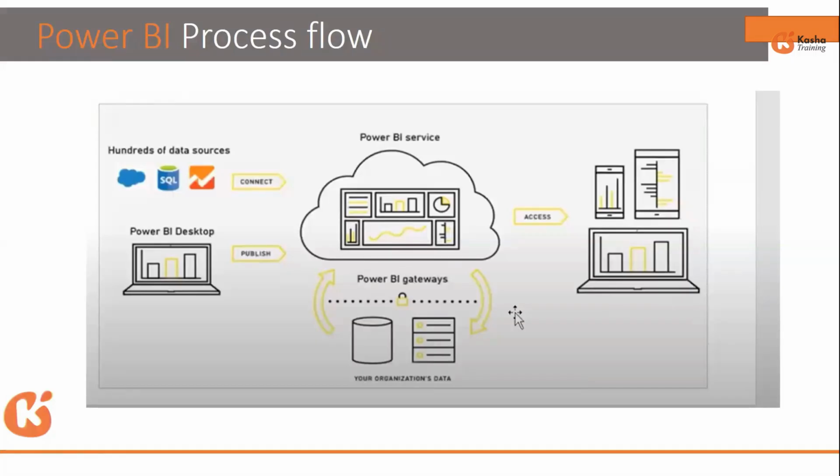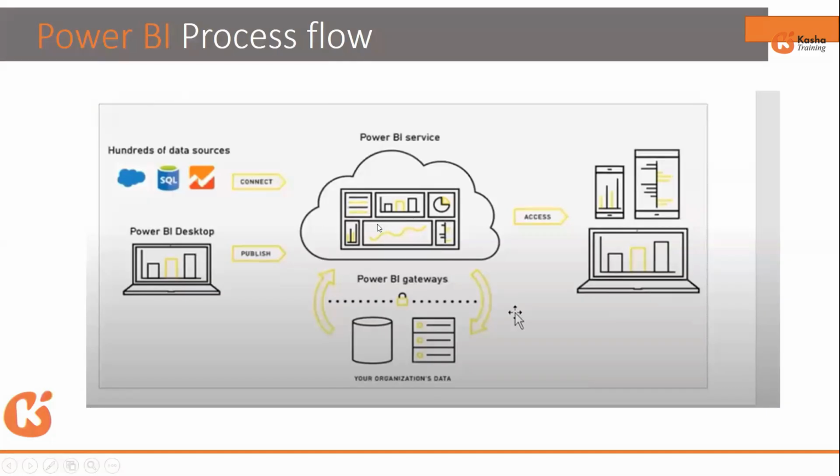Once the visualization is done, you publish it to the cloud service, that is Power BI service. Why are you publishing? Once you finish the report, you can't just keep it. You have to send it to your end users, so through Power BI service you send it to your client. There they will check what is happening in their business and how to improve it. All those things they will check in the Power BI service.